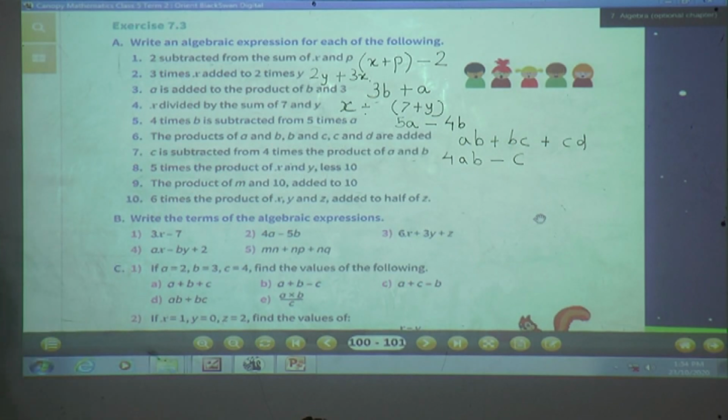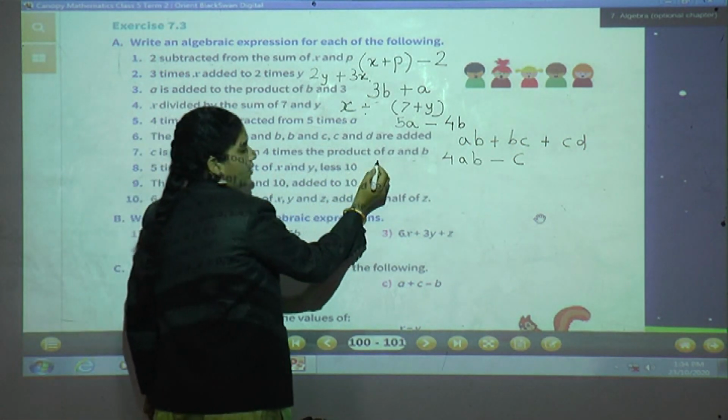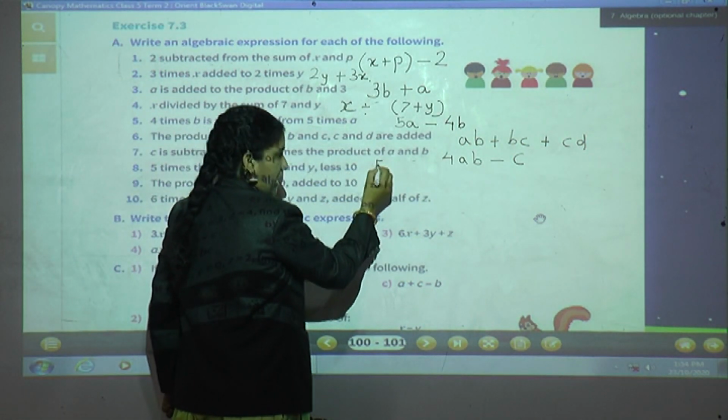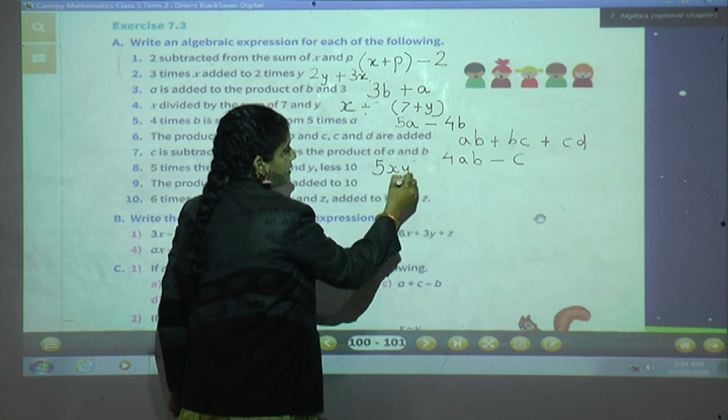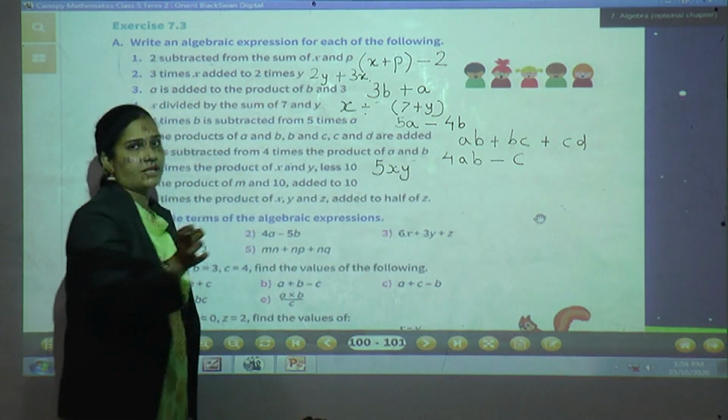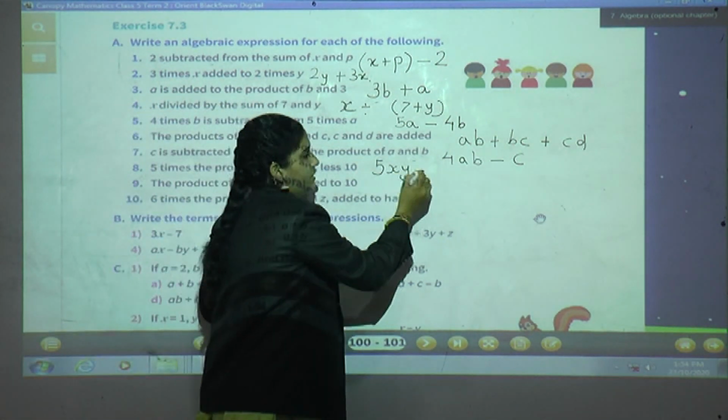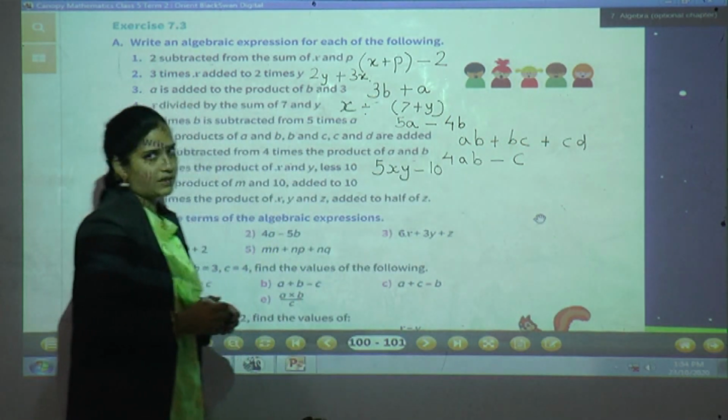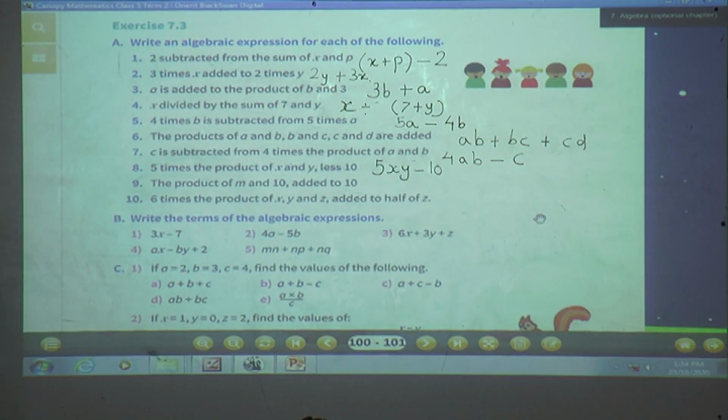Now, 5 times the product of x and y, less 10. 5 times the product of x and y means, students, what to write here? Yes, 5xy, and less 10, that means subtract 10 from it, isn't it? Now the product of m and 10 added to 10. Product of m and 10 means what, students?